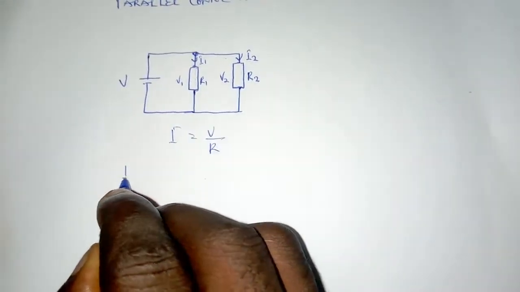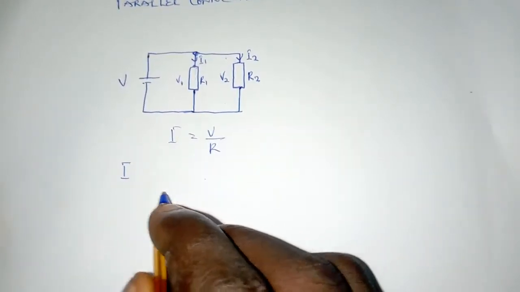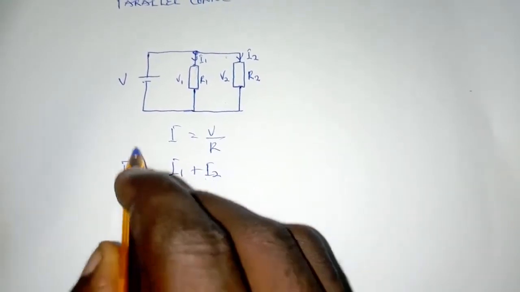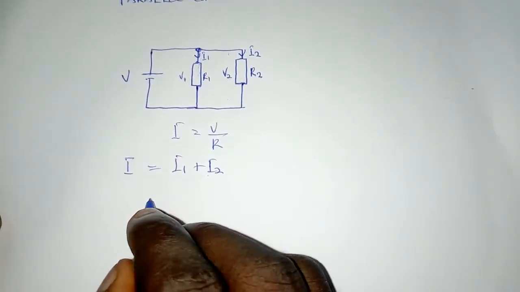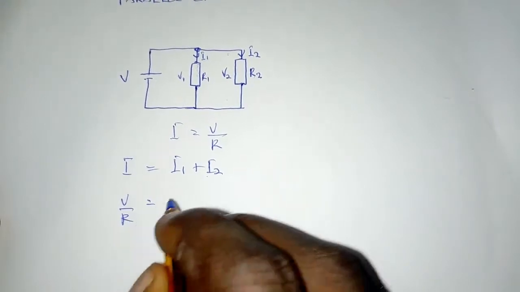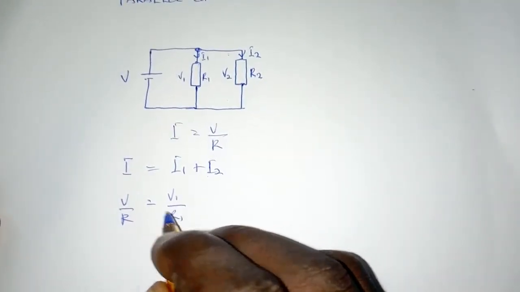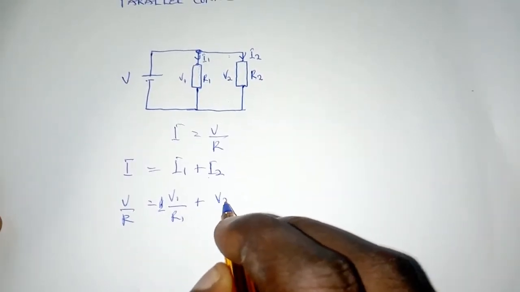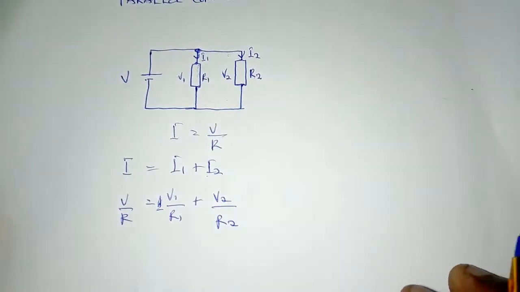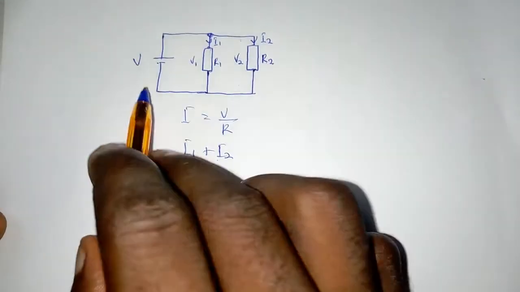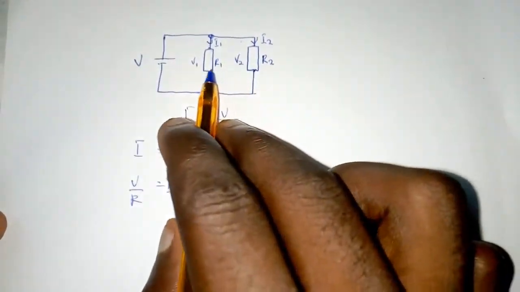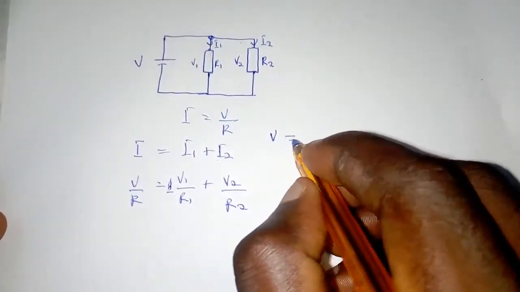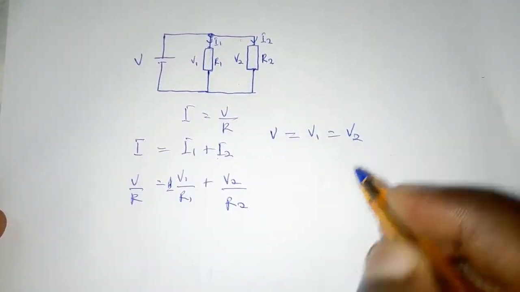So we have I equal to I1 plus I2, the current from the source, and that becomes V over R equals V1 over R1 plus V2 over R2. I already said that the voltage across these two resistors is the same, so we have V equal to V1, which is also equal to V2.